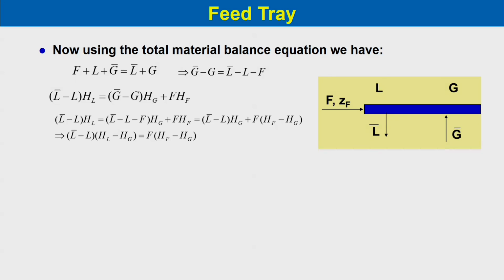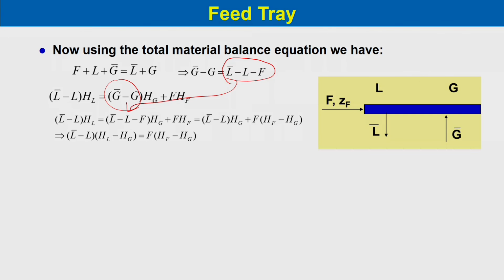If we substitute G bar minus G as L bar minus L minus F, then we have L bar minus L into HL is equal to L bar minus L minus F into Hg plus F Hf, which is equal to L bar minus L into Hg plus F into Hf minus Hg.